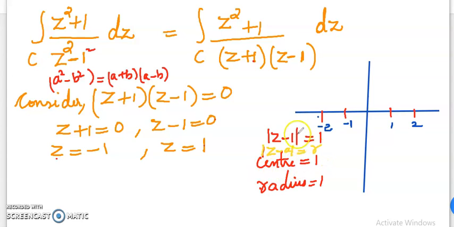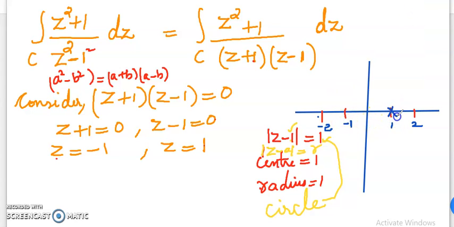So here the center is 1 and the radius is 1. This represents a circle with center 1 and radius 1.